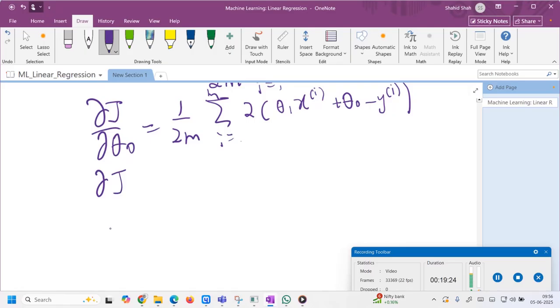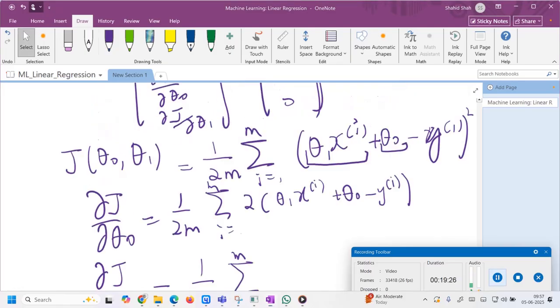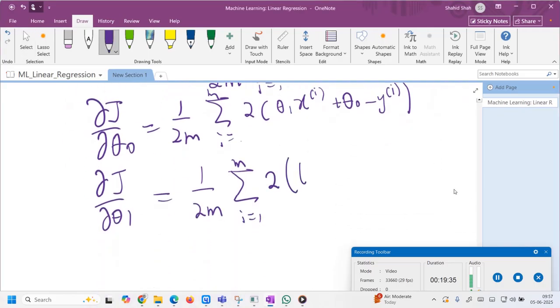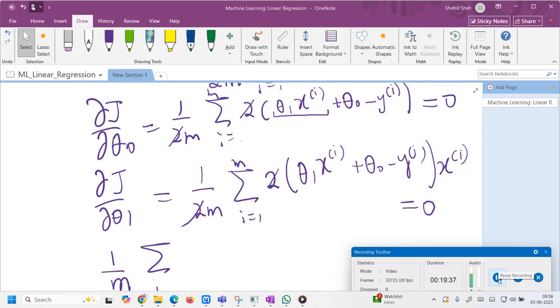What is the derivative with respect to theta 1? So it will be, of course, 2 times this whole thing, and the internal differentiation is with respect to theta 1. Internal differentiation of theta 1 xi.